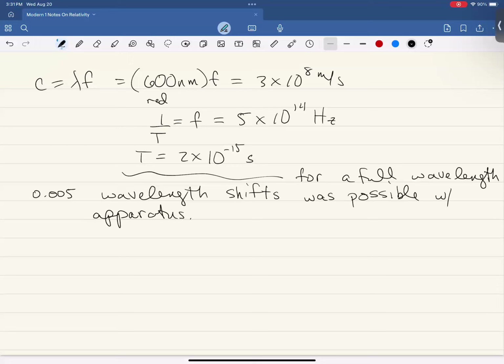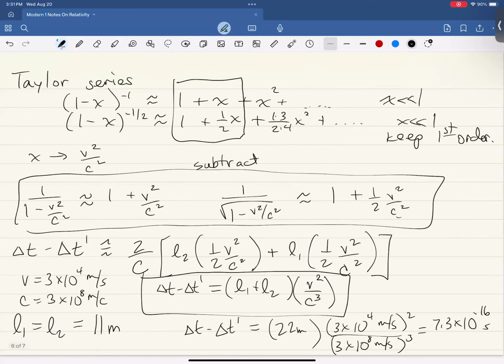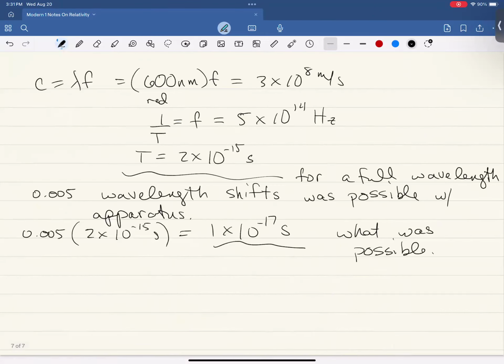Okay, and so let's multiply 0.005 wavelength shifts times that 2 times 10 to the minus 15 seconds, and you can see that that's 1 times 10 to the minus 17 seconds. So that's what was possible. And then let's look at what they anticipated. What they anticipated was 7.3 times 10 to the minus 16 seconds. Okay, so they should be able to see that.